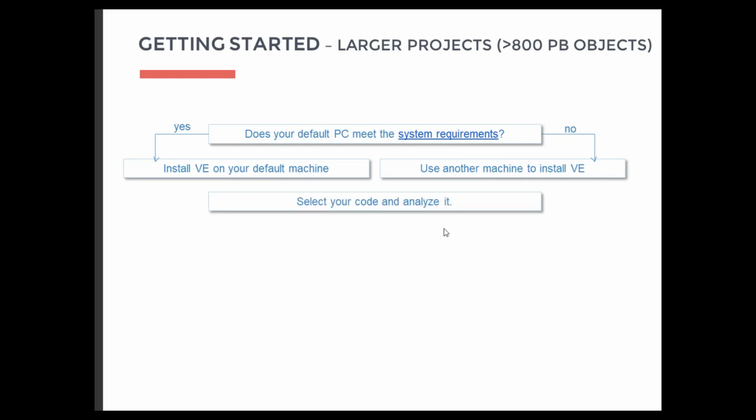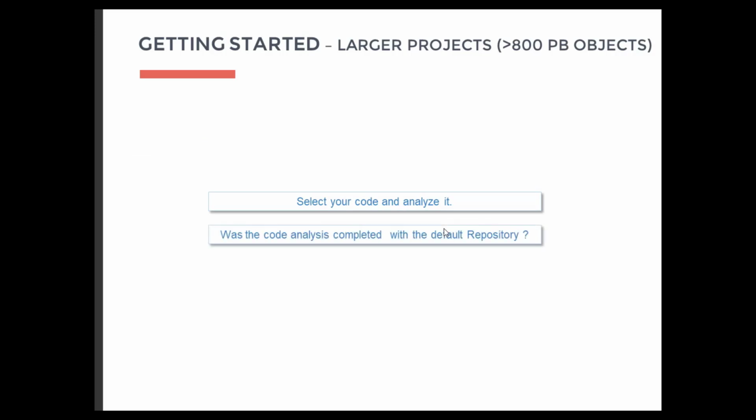Then you would start analyzing your code. When prompted, you will select the code as we saw before, and start the code analysis. And it's quite simple: was it completed or not? If it's not completed, it means that the default repository, that was created automatically and silently by Visual Expert during the installation, is not enough.